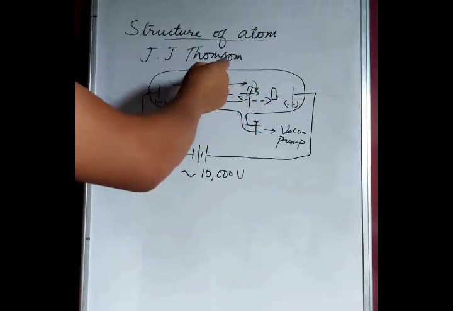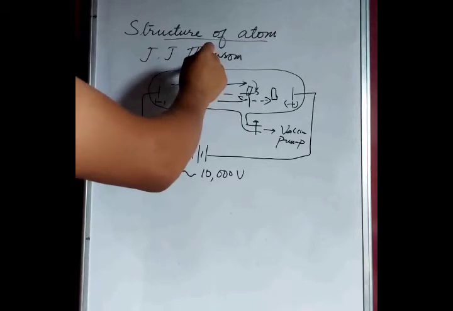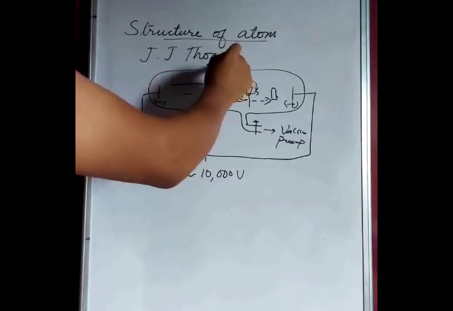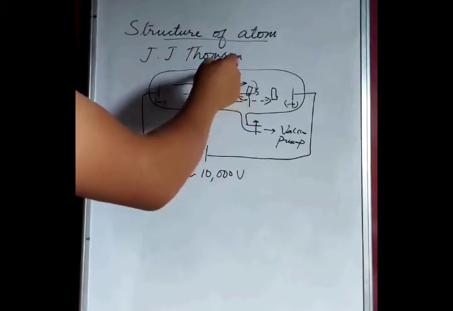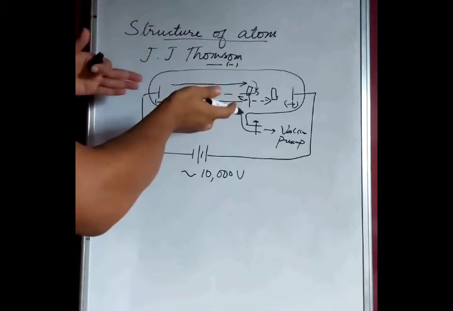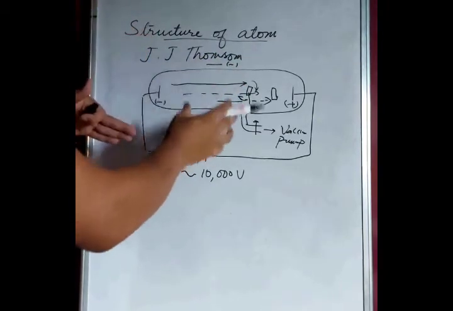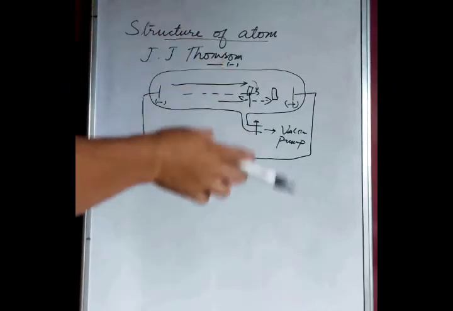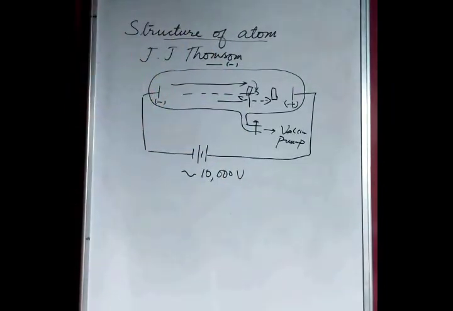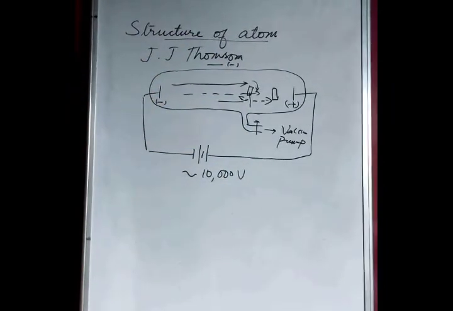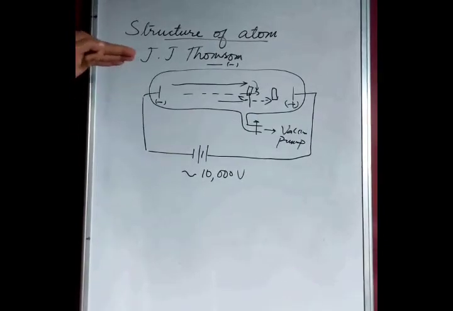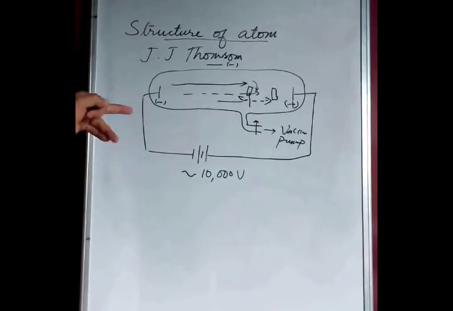That means they were deflected. If you supply an external negative charge, then they were deflected, or if you apply magnetic effects, then the rays were drawn towards those magnetic plates, and so on. Those were some of the observations made by Thomson regarding the cathode rays.